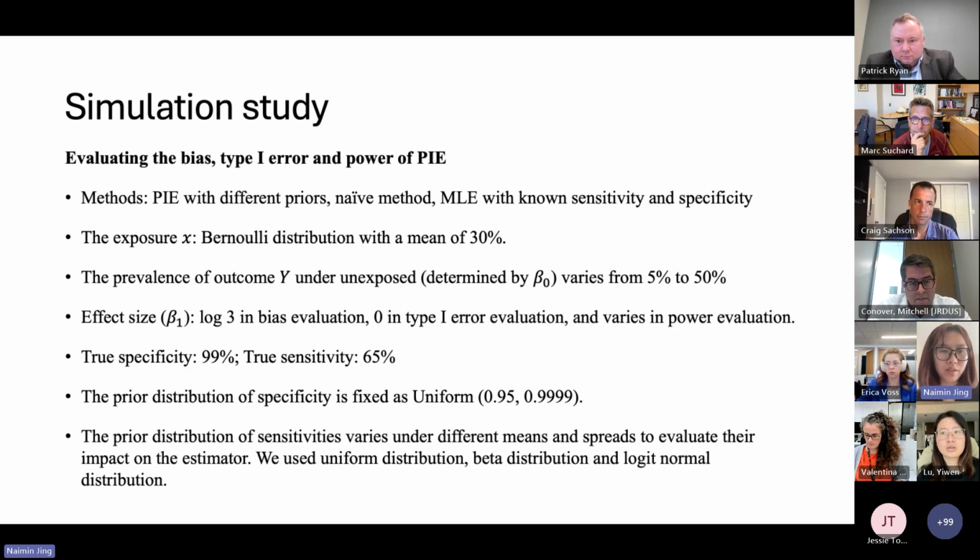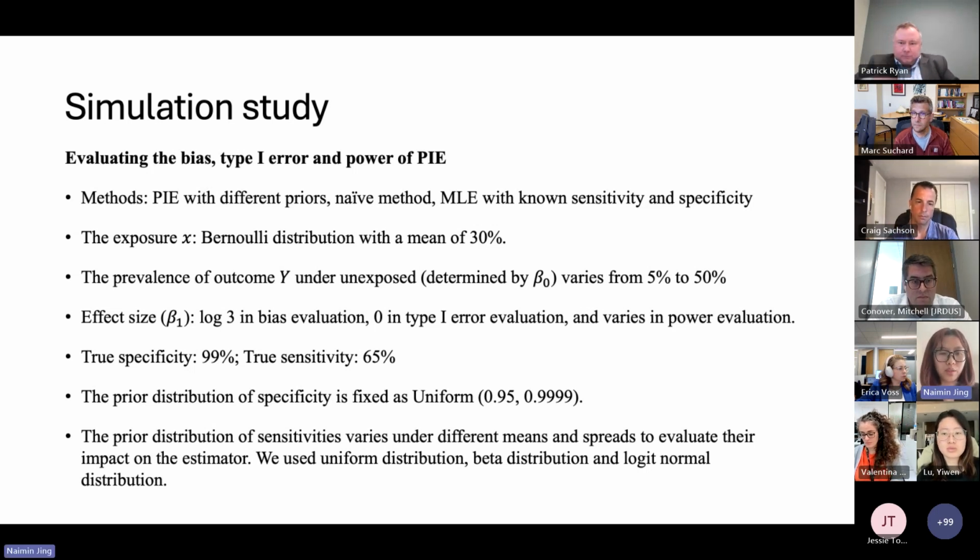We fixed the prevalence of the exposure at 30%, and the prevalence of the outcome Y under unexposed varies from 5% to 50%. We fixed the effect size at log 3 in bias evaluation and 0 in type 1 error evaluation, and we let it vary in power evaluation.